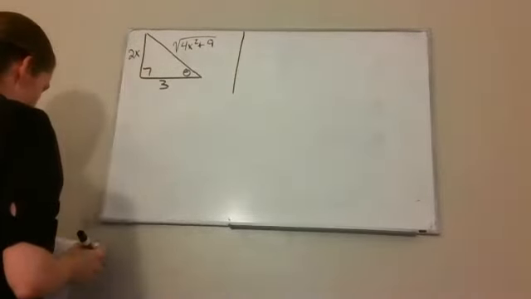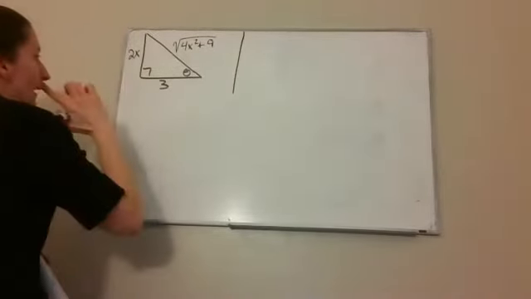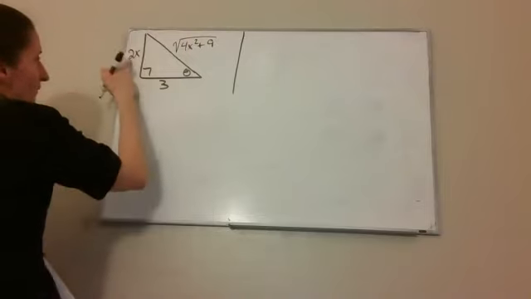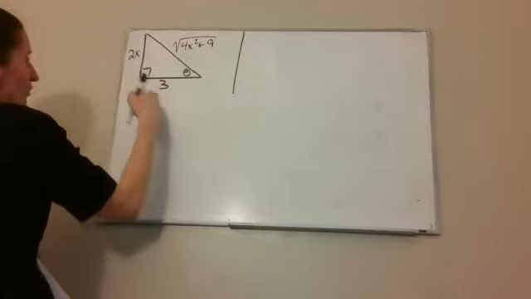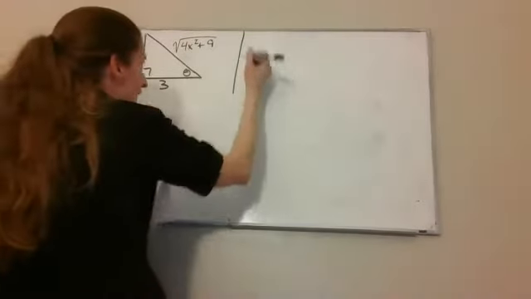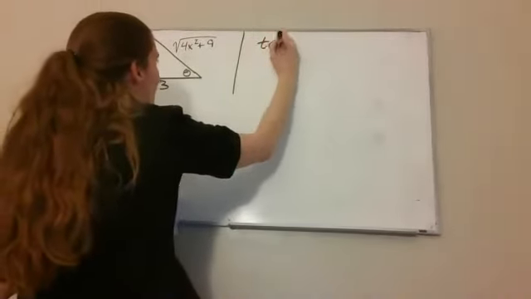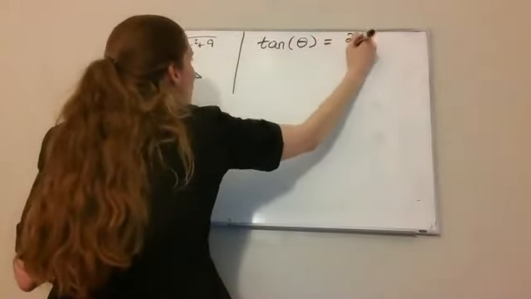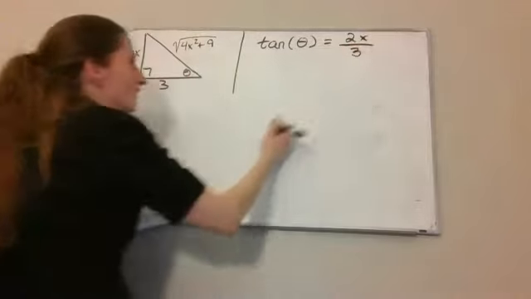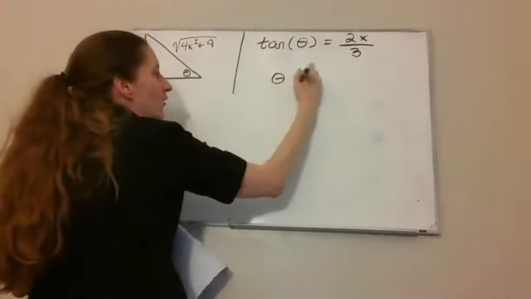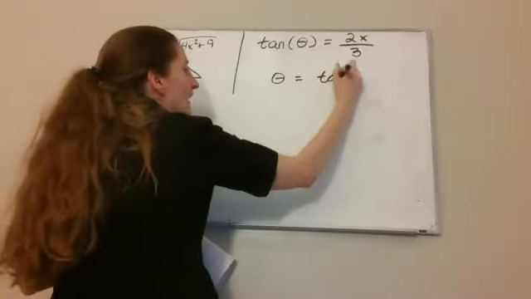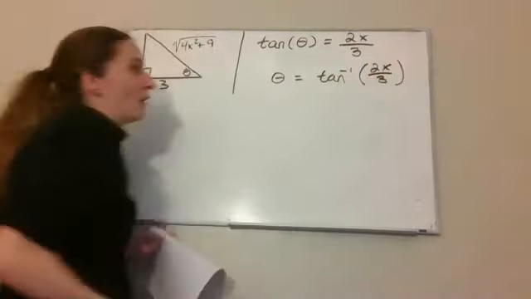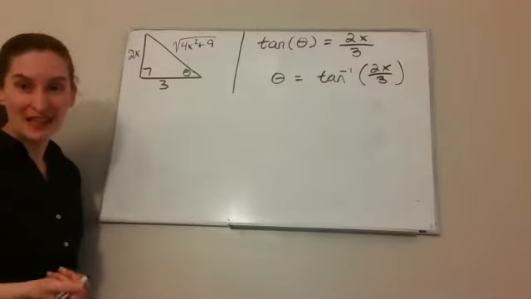First, let's try to figure out what x is. Well, I would use a tangent on this one because my tangent would involve this 2x and the 3, and those are the easiest ones to work with to find my x. So tangent of theta is equal to the opposite over the adjacent. Go ahead and quickly write down what the theta is equal to, just in case we need it. We know in our first example in the video, we needed that theta.